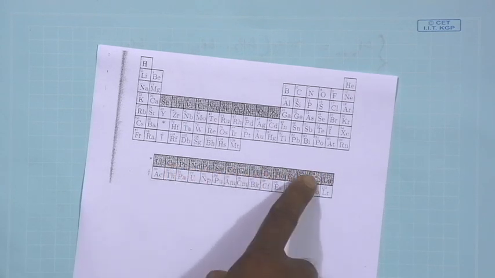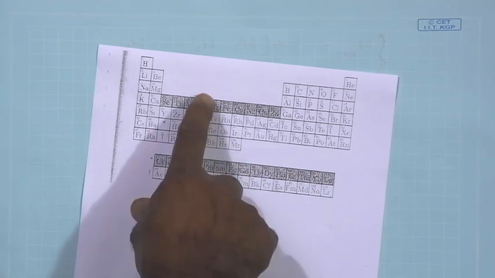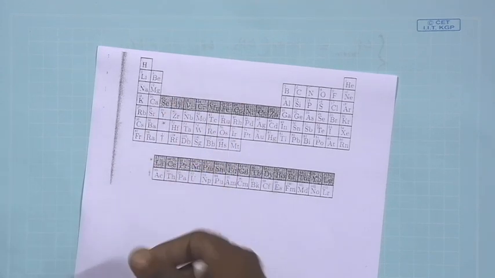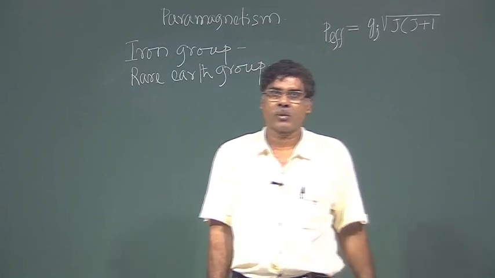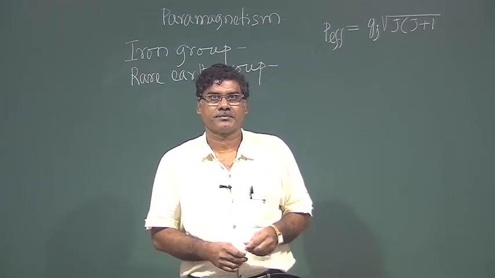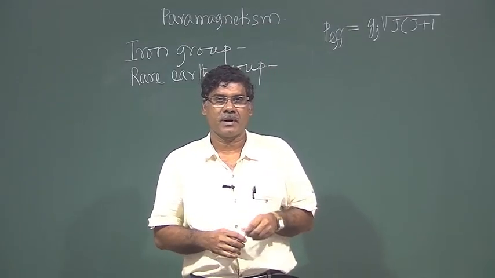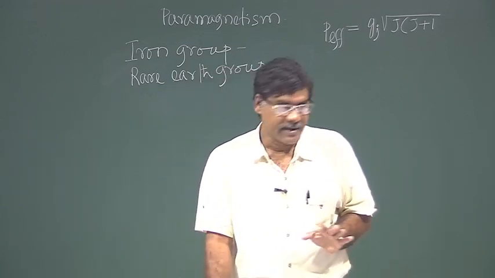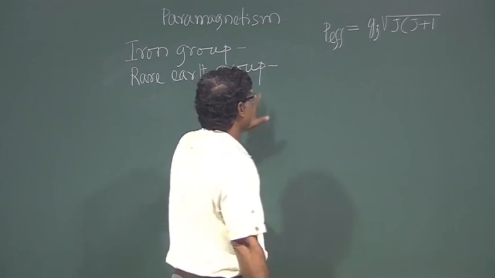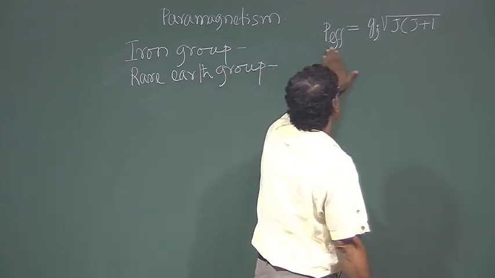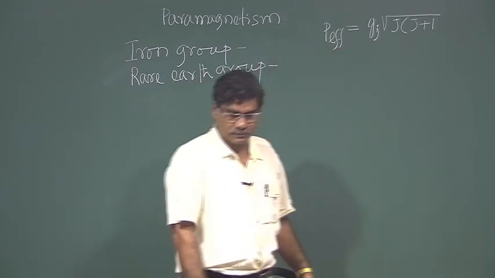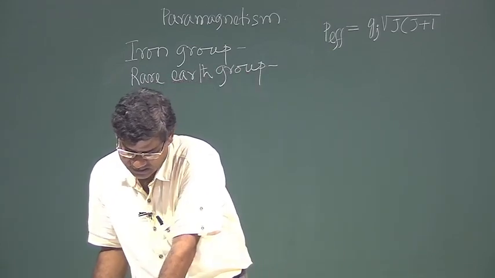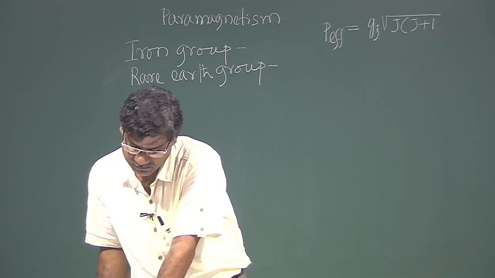So, these unfilled shells, the 3d electrons and 4f electrons, are responsible for the magnetic dipole moment, permanent dipole moment. So, if you take salt and do the experiment, you can find out this P effective value. So, what is observed?